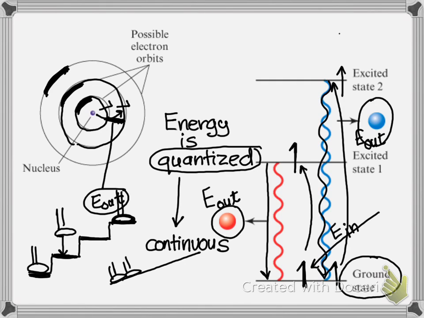Little steps, big steps, anywhere. There's not a certain place I have to land on a ramp, and that's continuous. And if the energy of the electron around the nucleus was continuous, we wouldn't have those big black spaces that we see in the line spectra, which indicate that there's no light or energy coming out from those levels.